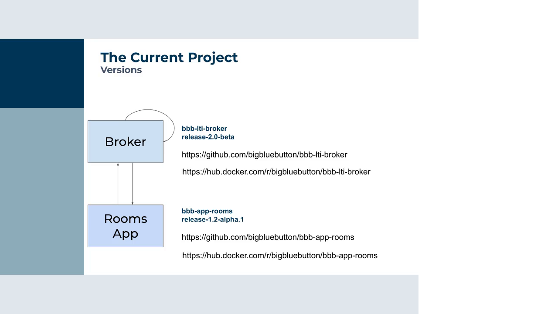So here we are with the new version of the broker, essentially. What we have now and what we are about to show is the release 2.0 beta that we can find right now in our GitHub repository, and it can be downloaded for deployments through Docker Hub.